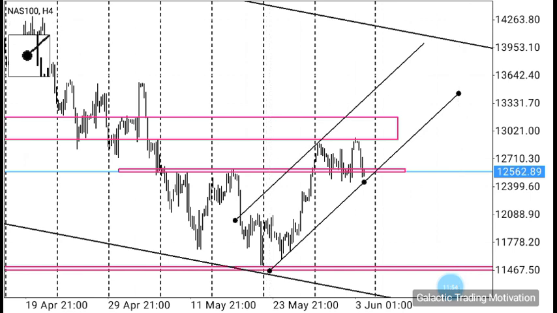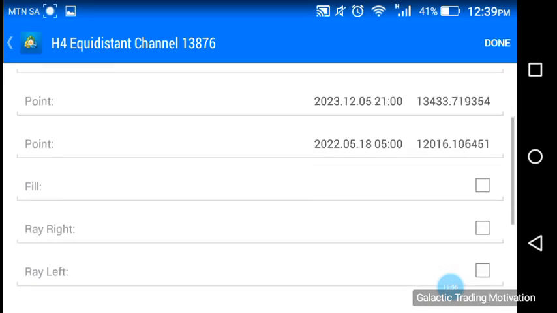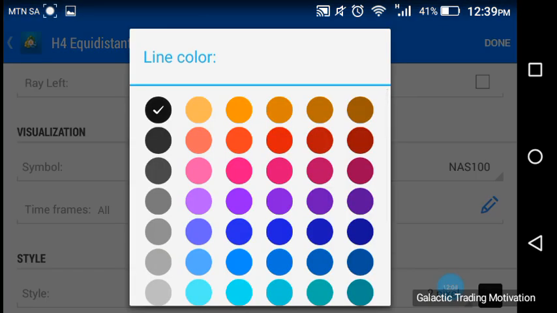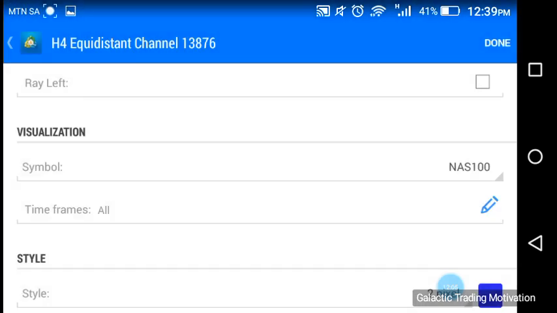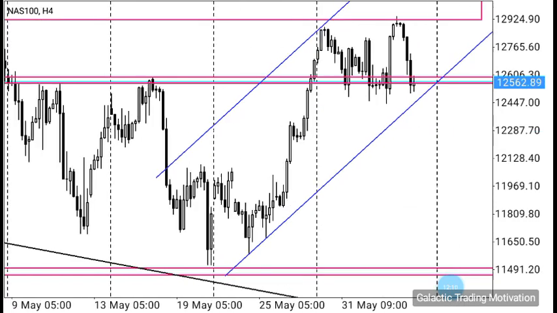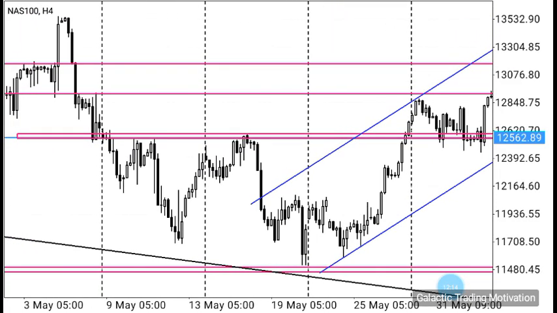There we go. I'm also going to make it a different color so that it stands out from the channel that we drew on the daily chart. I'll make it blue. There we go. Okay, so what do we see on this particular H4 chart?